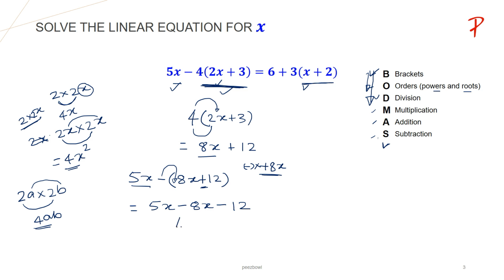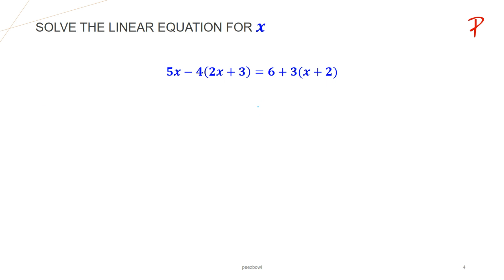See, on the left hand side, we have this particular equation. And on the right hand side, let us solve it on the next slide. Okay, for the left hand side, we had 5x minus 8x minus 12. So this is what we have seen while solving 4 multiplied by (2x plus 3). And on the right hand side we have 6 plus, now let us multiply 3 by x.